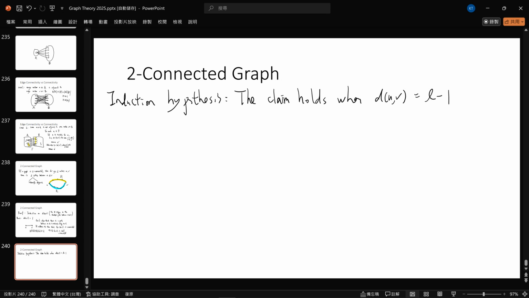Okay, so I want to write out the complete claim for this case. That is that G is a two-connected graph. Sorry, I should change. This can be equal.